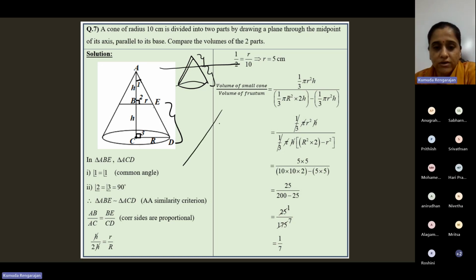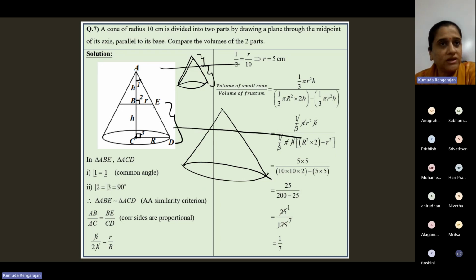From a whole cone, if a plane cuts through the cone and the plane is parallel to the base, as it mostly will be in our case, it cuts the cone into two pieces. The top one is a small cone. This bottom portion is called the frustum of the cone. Frustum means the remaining portion.